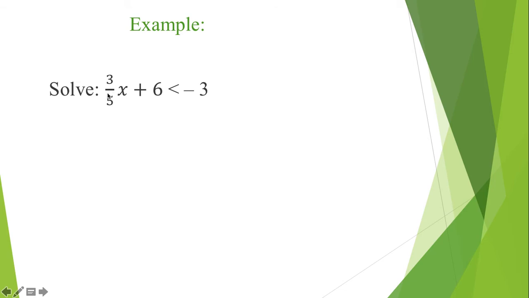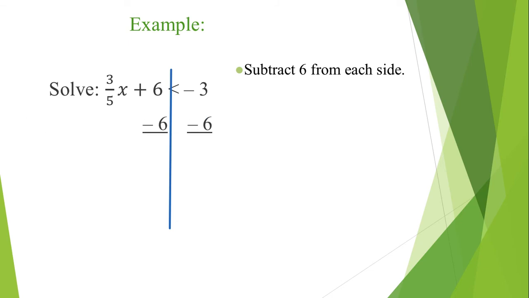Now we have a division with numbers up and down. We have a numerator and a denominator. Then the fraction is multiplied with x. Then we have positive 6 is less than negative 3. So let us first put the inverse of positive 6, which is negative 6, on both the sides.